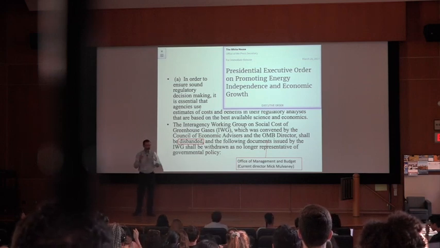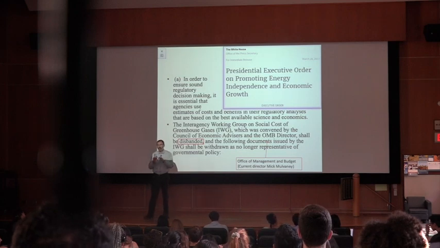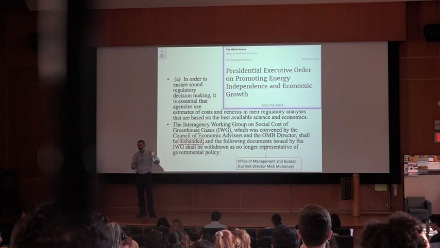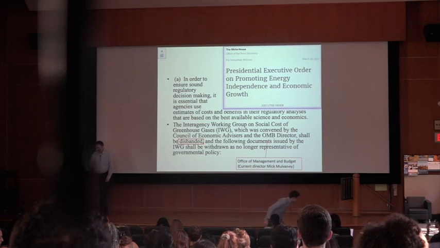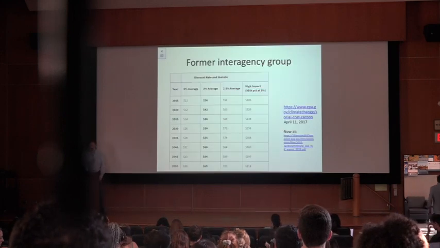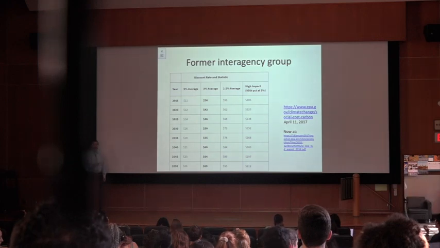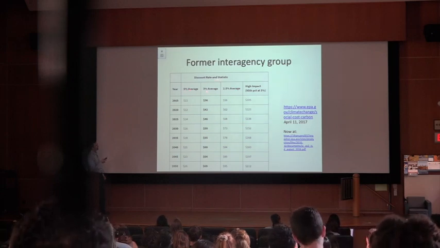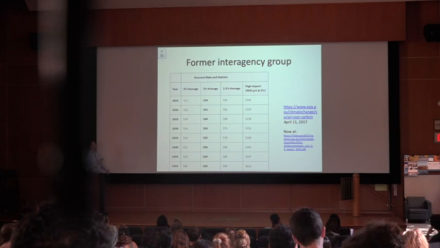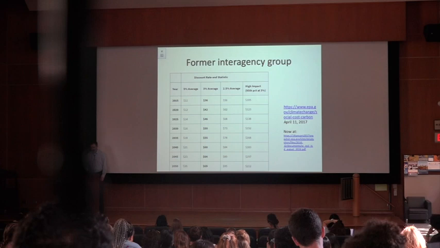The social cost of carbon is essentially computing the present value, using the discounting method, of the climate damages, the negative impacts of emissions, right? This group was used to produce a table that gave you an idea of the cost of an emission. They were using levels of the discount rate, where 3% was the focus of this group, and you had a sensitivity analysis around that. All right, so that's no longer available.